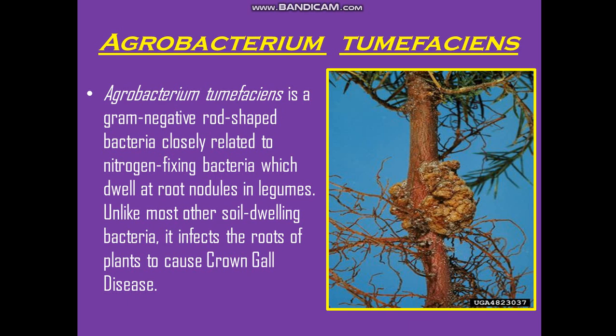The DNA of Agrobacterium tumefaciens carries a protein that is involved in the biosynthesis of this kind of growth hormone, especially auxins and cytokinins. You have studied auxins and cytokinins in class 10th and further. So you know that auxins and cytokinins are responsible for growth. These are the growth hormones of plants.